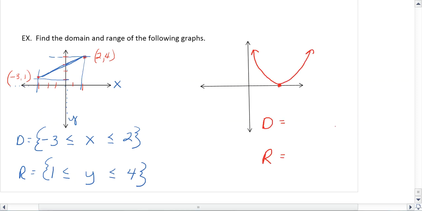All right, in this parabola, again, we're asked to find the domain and range. So for domain, we are looking back and forth here sideways along the x-axis. And this parabola continues to get larger and wider in both directions. So if you can imagine this thing getting wider and wider and wider, there is no limit.